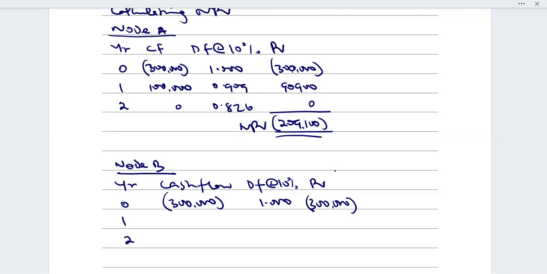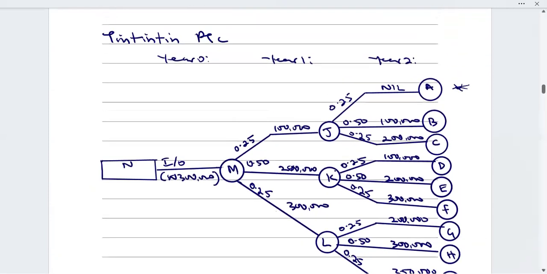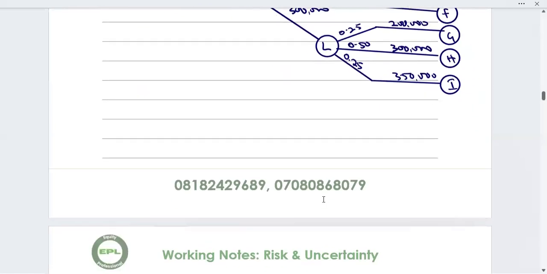Year one, year two. The cash flow of year one still remains 100,000 for node B, times 0.909. That's 9,900. In year two, node B's cash flow is 100,000 naira.